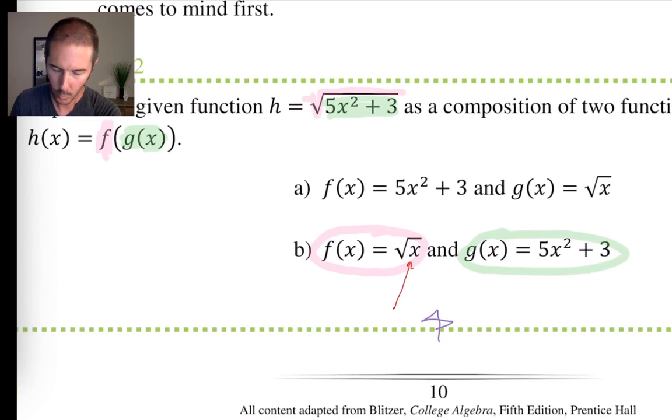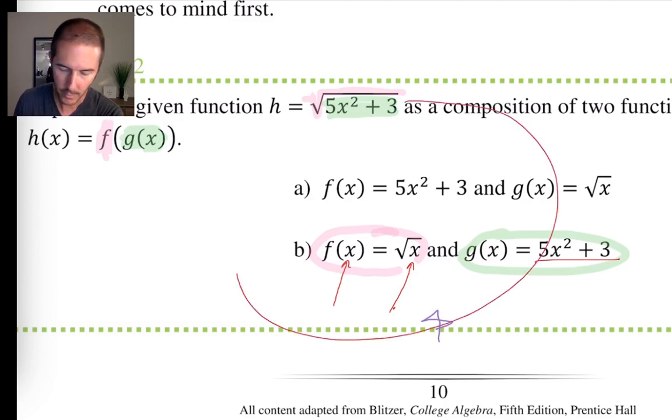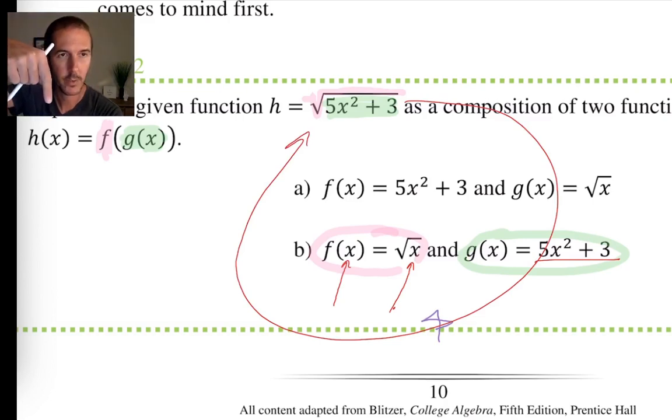But don't worry, once you replace this x with a g of x, then you would have to also replace this x with a g of x, which is 5x squared plus 3. You would then have the square root of 5x squared plus 3, which takes you full circle all the way back to your h function, which is, there it is, f of g of x.